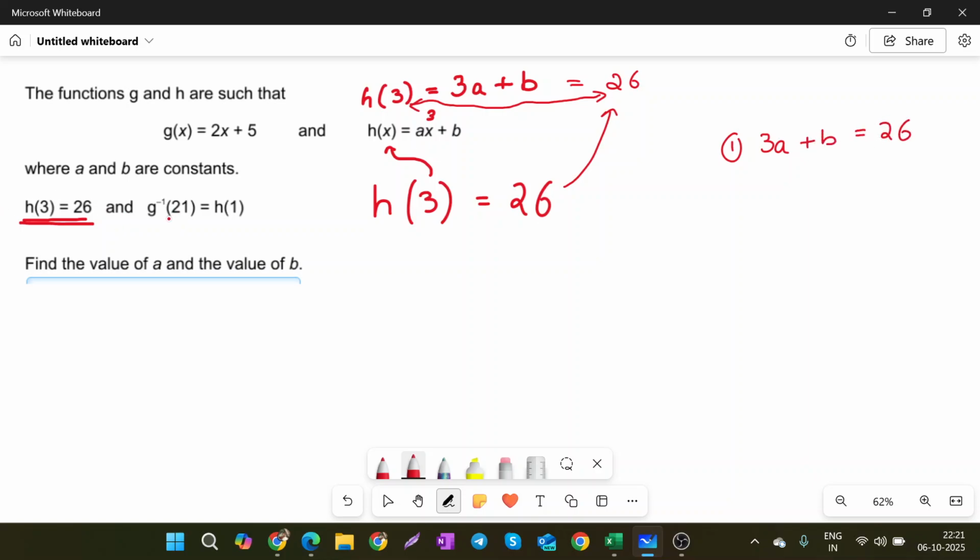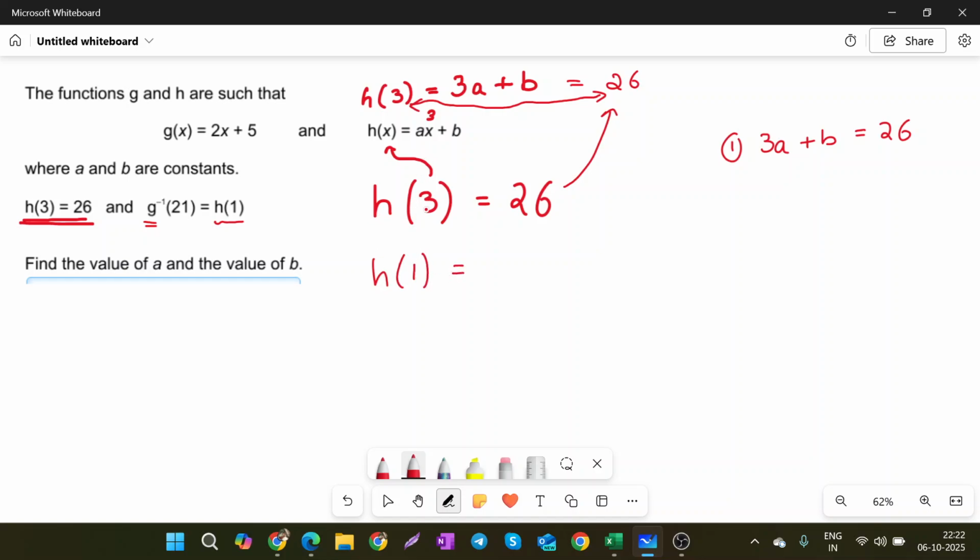Okay, the second one is slightly trickier. So it's not g of x, it's g inverse of 21, and it has something to do with h of 1. So what do we know about h of 1? We could do the same thing with h of 1.